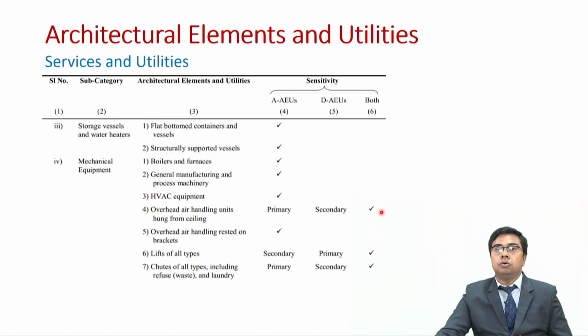So, summarizing, in this lecture we have first classified different non-structural components, or what we call architectural elements and utilities, into different types, which are building contents, appendages to buildings and services and utilities.